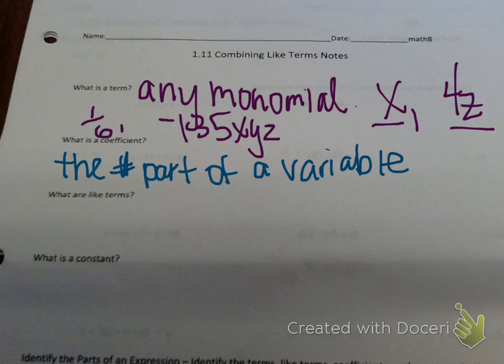So, for example, 4 would be the coefficient of 4z, or negative 135 would be the coefficient of xyz. 1/6 is not a coefficient because it does not have a variable, and x's coefficient is actually 1 because there's a 1 right out in front. 1 times anything is just that same thing, so 1 would be the coefficient for x.